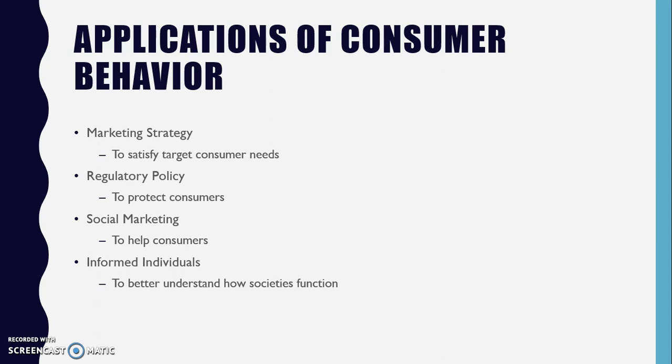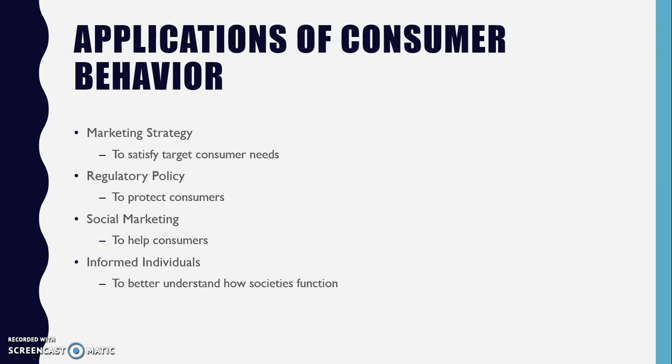Yeah. And last but not least is inform individuals. Why? Because when the company creates the products and they know about their consumers, and they know about the society, consumer behavior will help to better understand how societies function. Let's say in Indonesia we cannot sell alcohol as freely as in other countries.